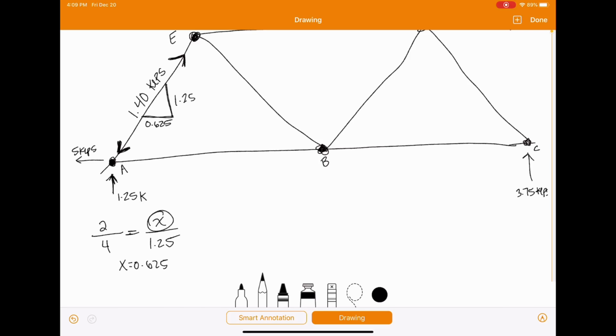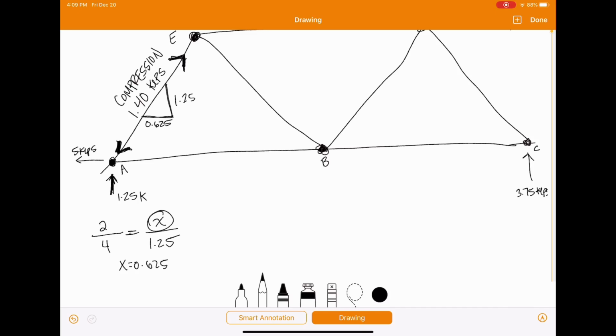So your arrows are either both going to point in towards each other, or they're both going to point away from each other. This one had to be down because this here is up. So this is down, so this one also has to point away from it. Now, because of that, we know that this member here, because the arrows are pointing away from each other, is going to be in compression.